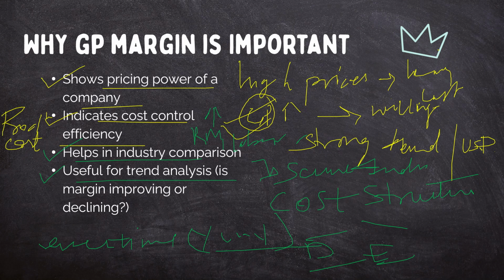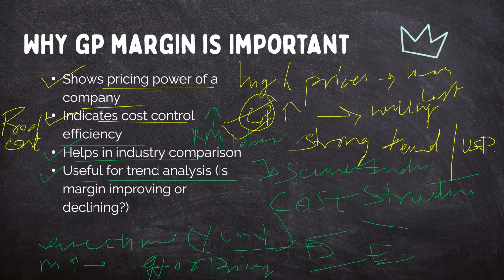If the margin is increasing, what does it indicate? The company is improving its efficiency or pricing. And if it is decreasing, vice versa: costs are rising and competitor pressure is there. I hope you understand why GP margin is important. Yes or no, guys?